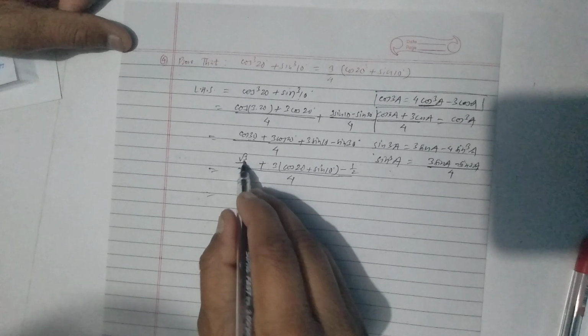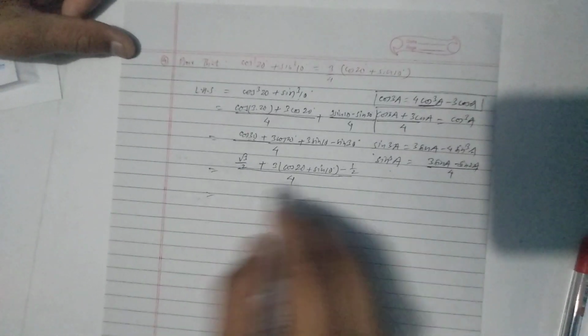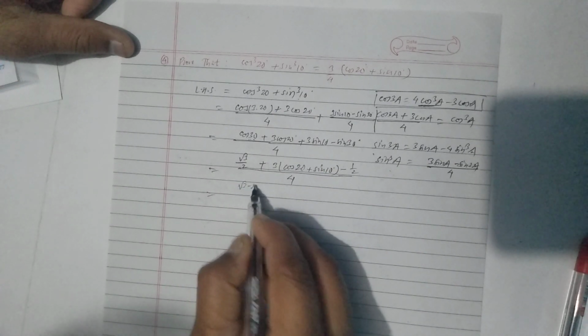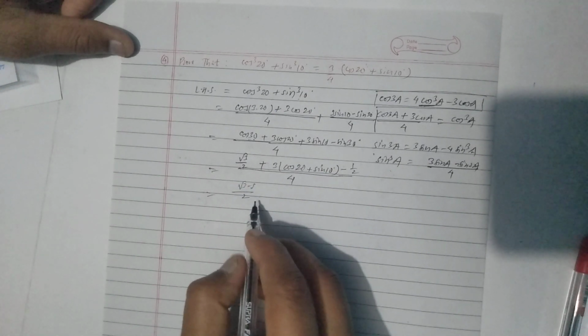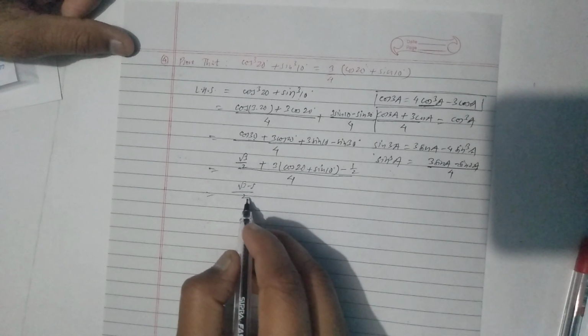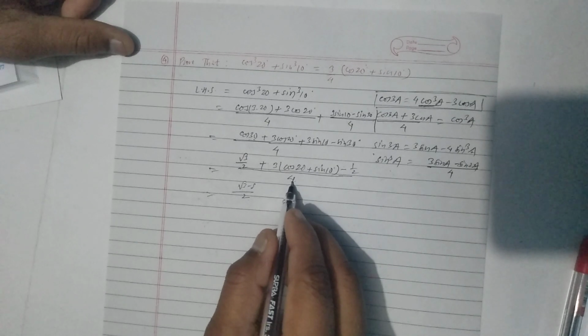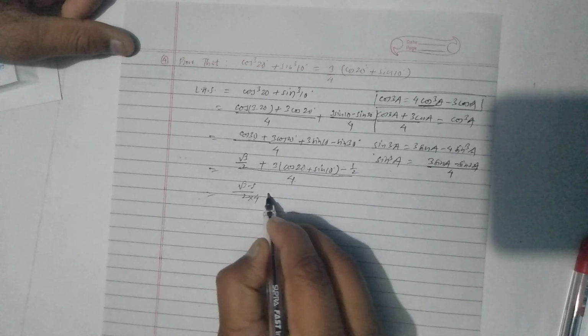Now we have root under 3 by 2 minus 1 by 2, so this will be root under 3 minus 1 upon 2, and here is 4 also, so this will be multiplied with 4.